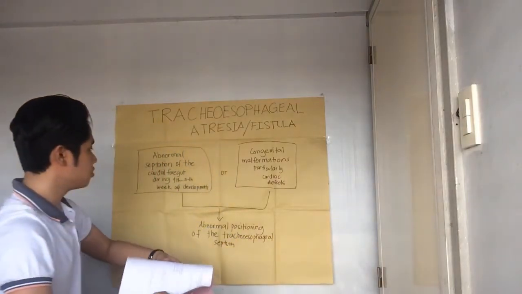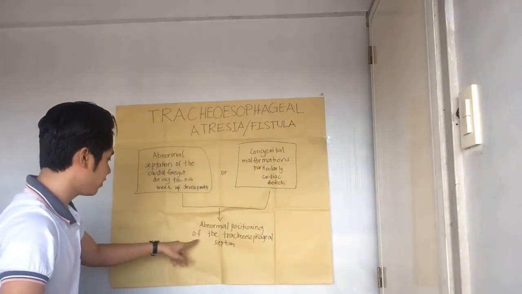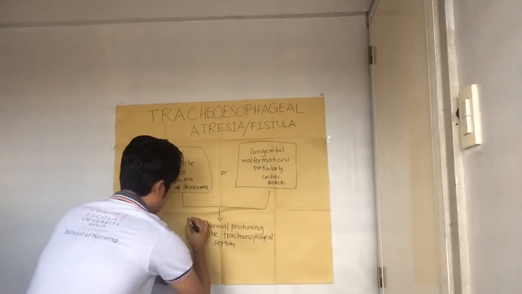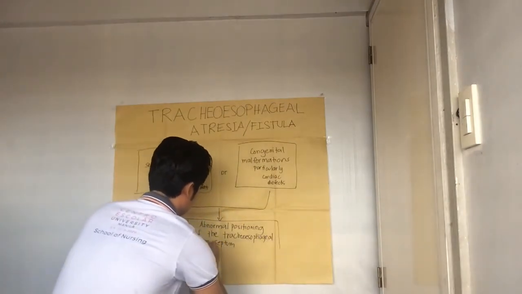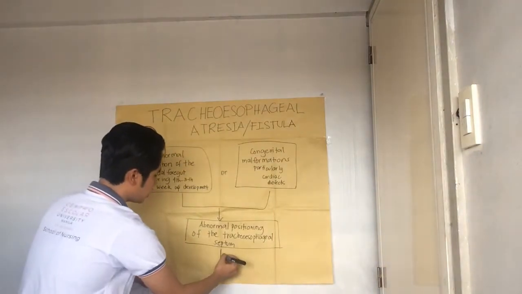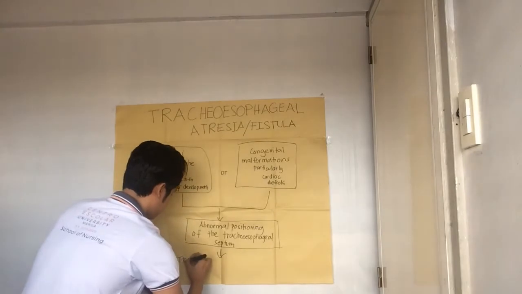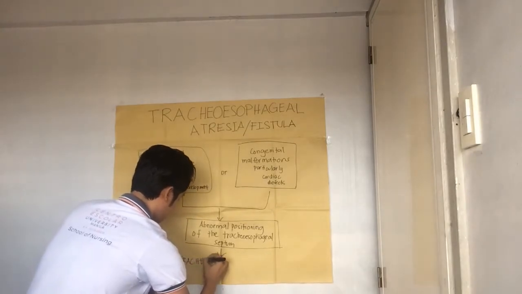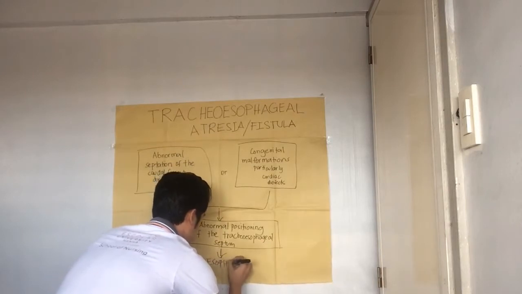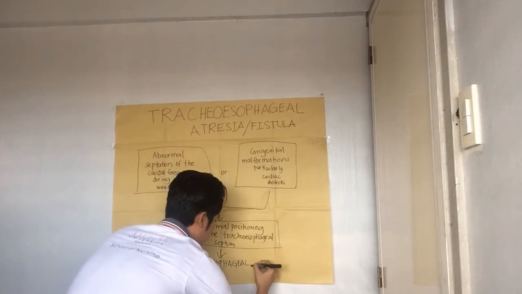these two possible etiologies will lead to abnormal positioning of the tracheoesophageal septum. And now it will result in tracheoesophageal fistula.